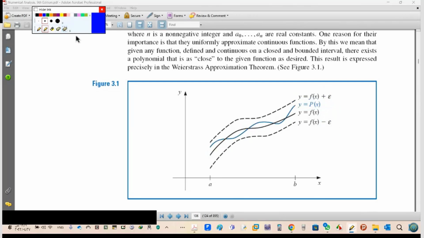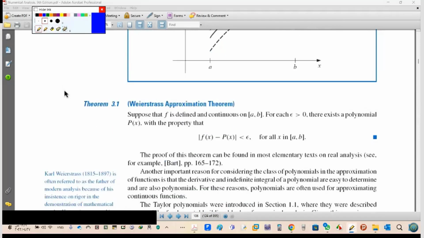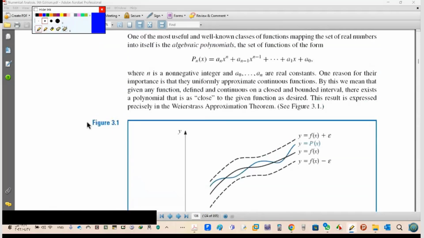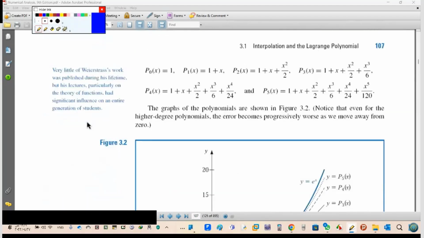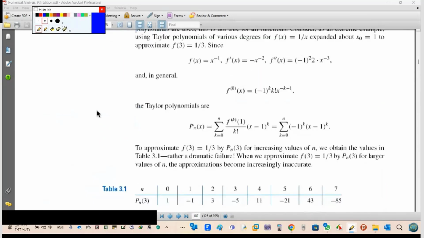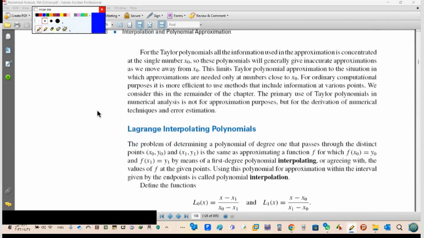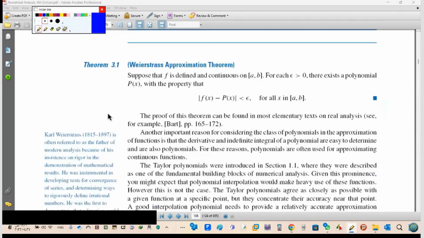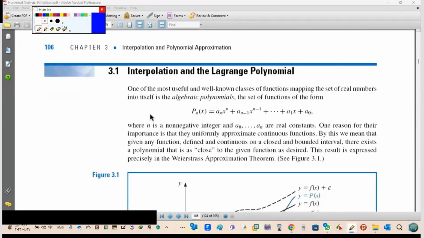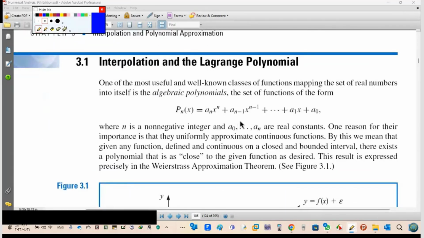Here we have conditions. Every time we have conditions here. What are the conditions? Let me go directly to the note. Here is the note.